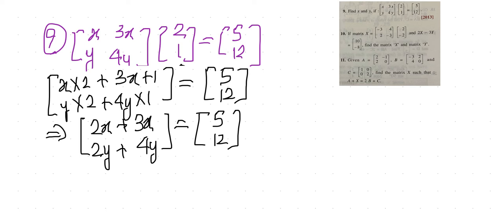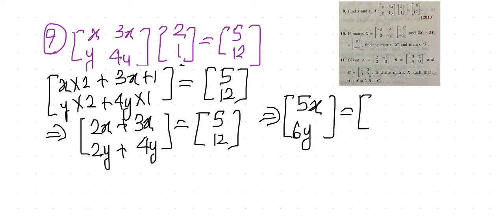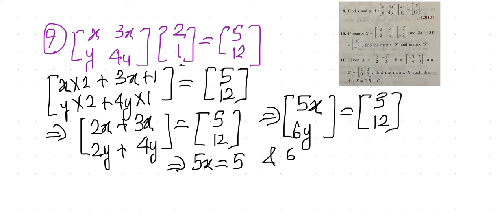So write down, this implies 5x and 6y is equal to 5 and 12. So 5x is equal to 5 and 6y is equal to 12. So x is equal to 1 and y is equal to 2.